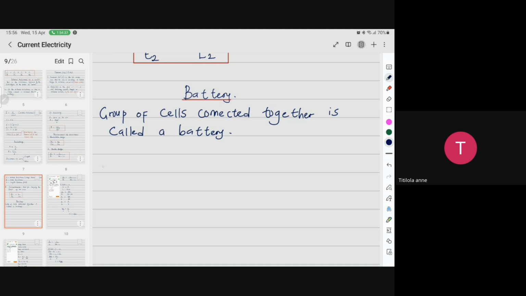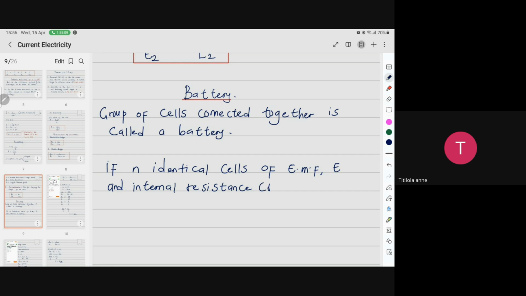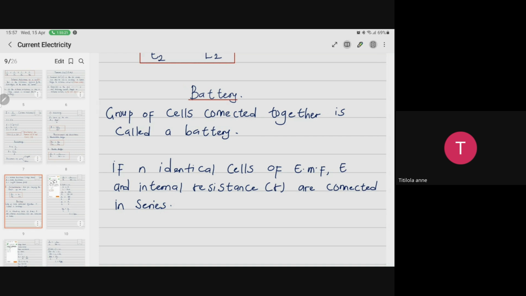If n identical cells of EMF E and internal resistance R are connected in series, look at the statement now.